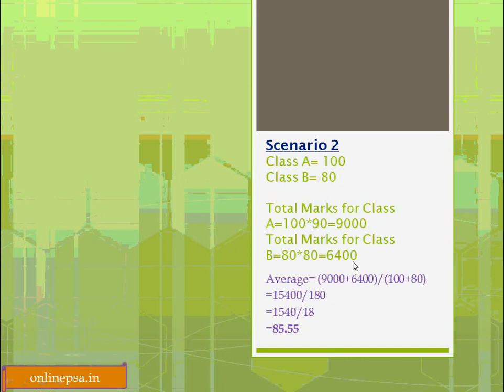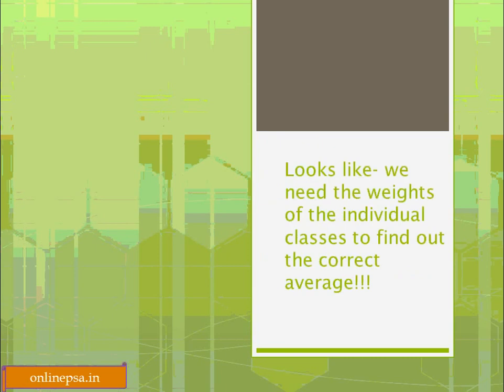Now the total average becomes 9000 plus 6400 divided by total number of students, which is 180 here, and we get a value of 85.55 in the second scenario. Now we see that the two scenarios differed only in the number of students that class A and B had, and we had two different values, 83.33 and 85.55. Looks like we need the weights of the individual classes to find out the correct average, which is true.